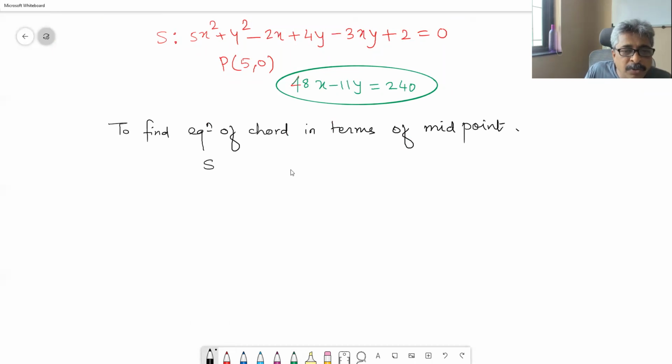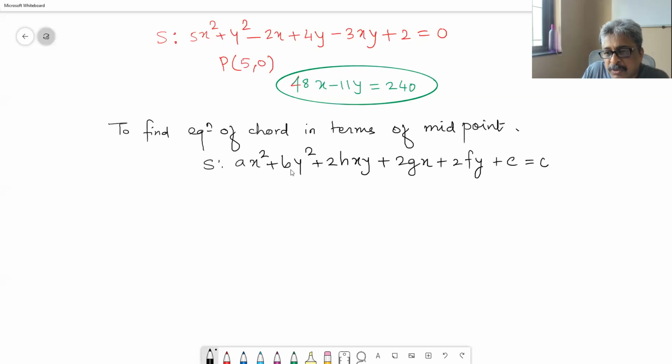Okay, so the curve given, S, is ax square plus by square plus 2hxy plus 2gx plus 2fy plus c equal to 0, and let point P be (x1, y1). That is our setup.